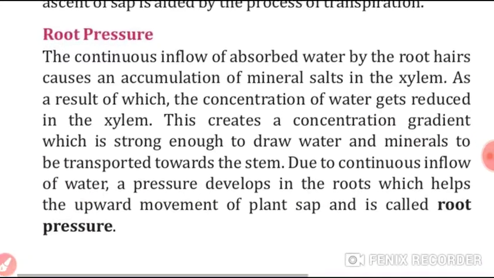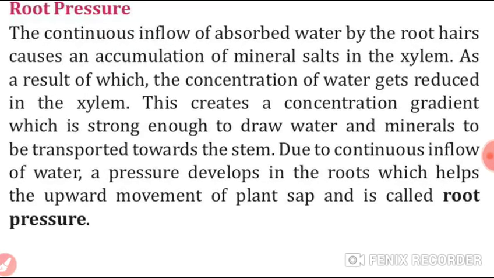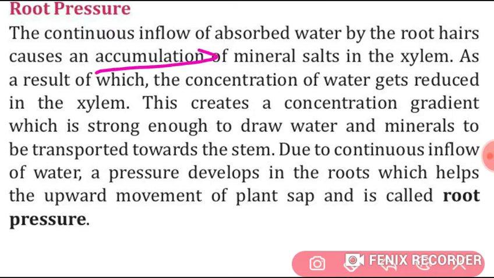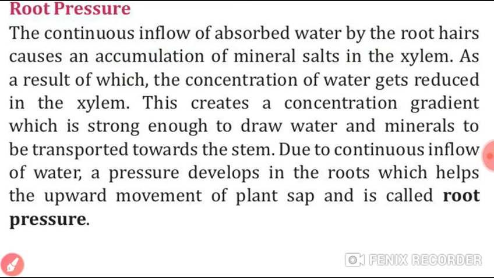Okay, now we will study about root pressure. What is a root pressure? Listen. The continuous inflow of absorbed water by the root hairs causes an accumulation of mineral salts in where? Xylem. As a result of which, what happens?